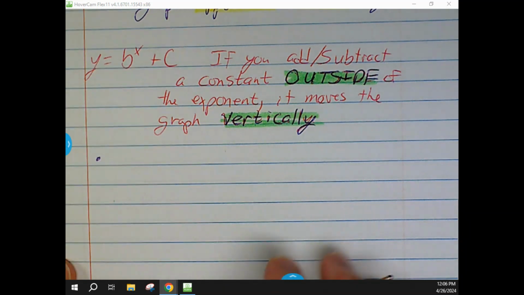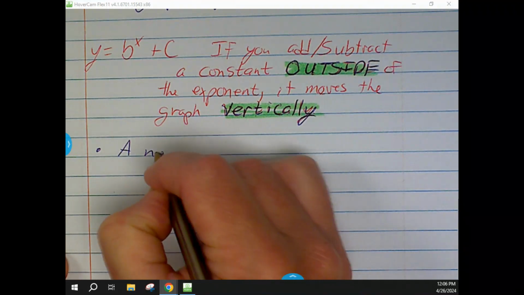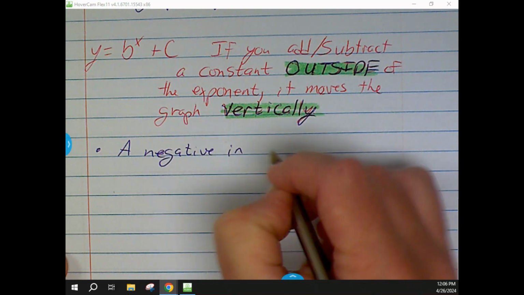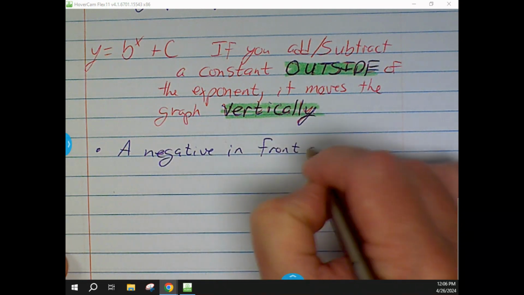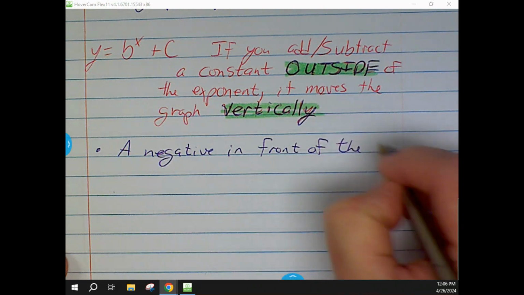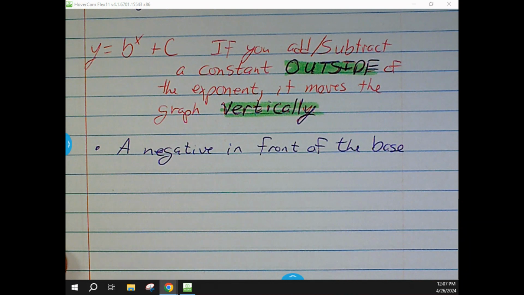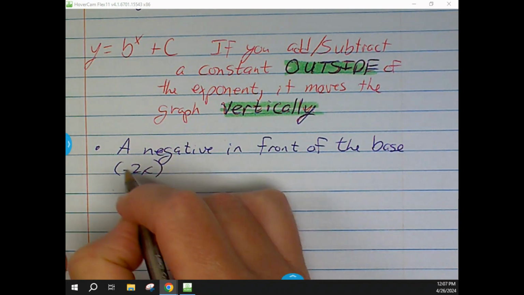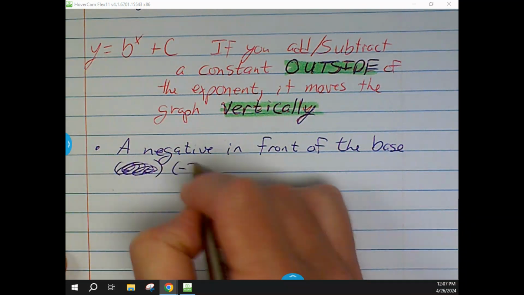Okay, and then a couple of little details that throw at you too. A negative in front of the base. So if you're talking about that, and what that would look like is, if you have something like negative 2 to the x power.